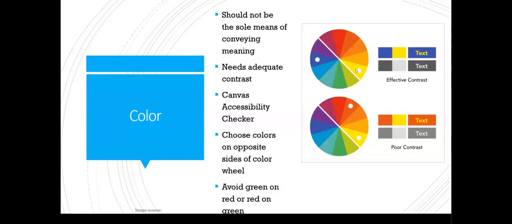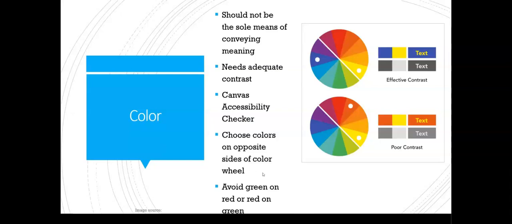If you really wanted to do yellow text, you could put it on a blue background or vice versa. Or you could, of course, use just black and white, makes it easy. But if you like to use colors, it's fine. Just make sure that there's enough contrast that someone that can't see the colors can still read.